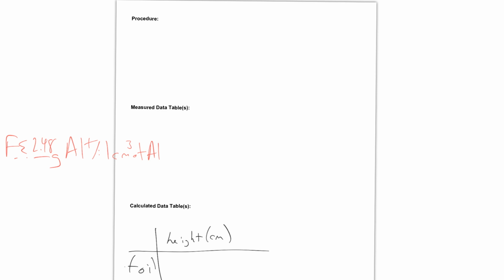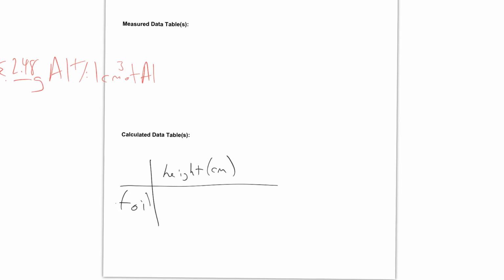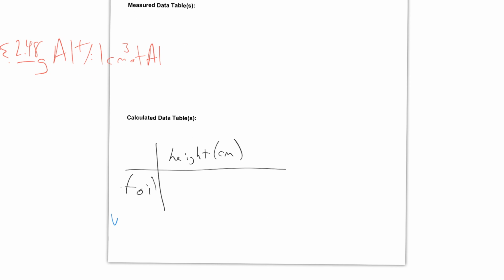If we knew the mass of aluminum, we'd be able to solve for the volume of aluminum, in centimeters cubed, but only if we measure its mass.